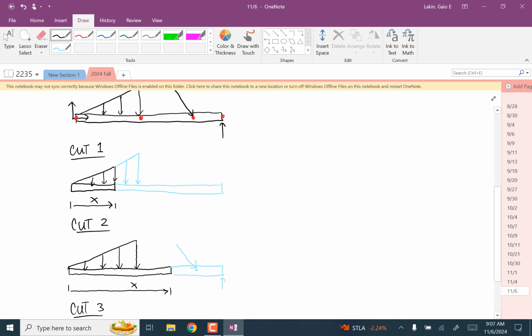So this cut represents everything from here, with the tiny distributed load on top, yes, right, to just before you get to the end of the distributed load.